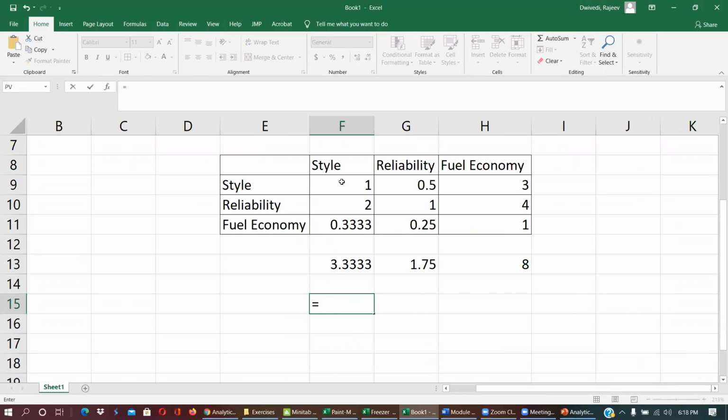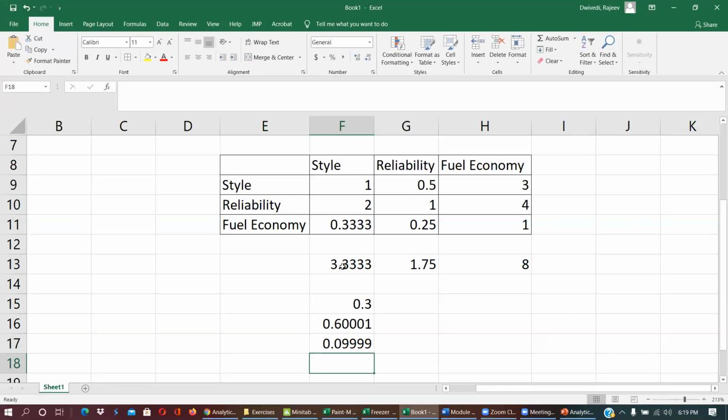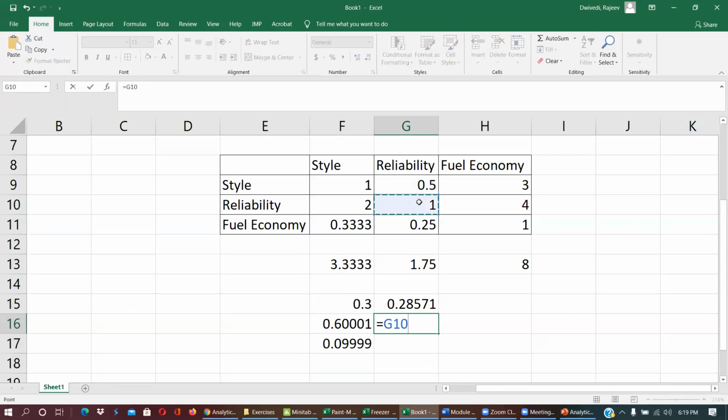So equal sign 1 divided by this. You can do the product, there are options under Excel that you can use, but I'm going to do it step by step so you can understand. Similarly, divided by 1.75, 1 divided by 1.75 and 0.25 divided by 1.75.